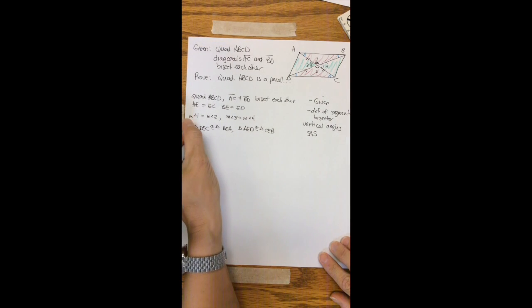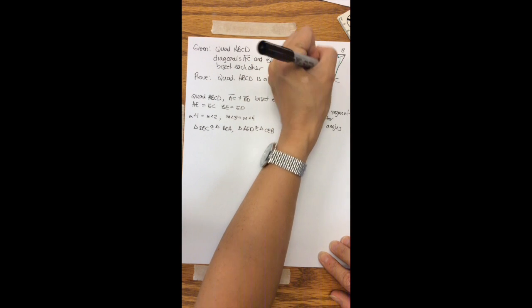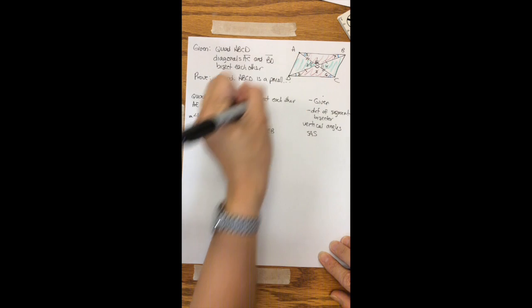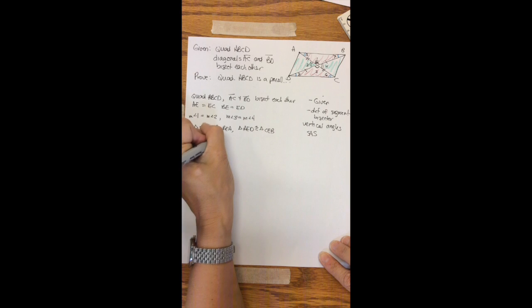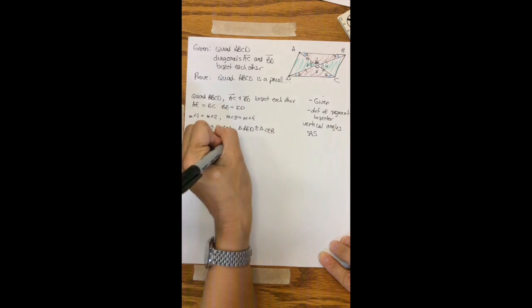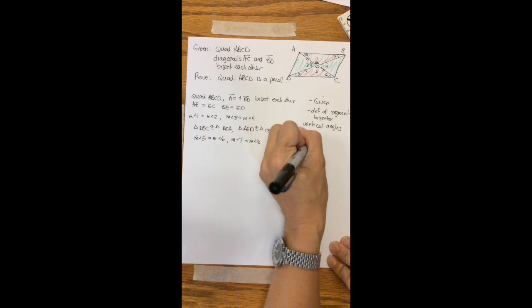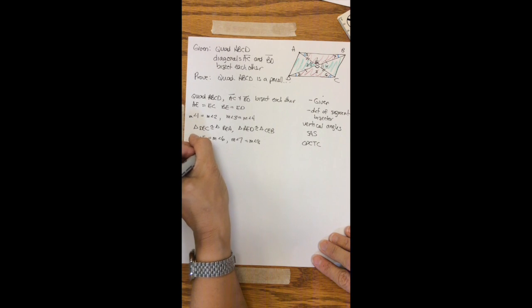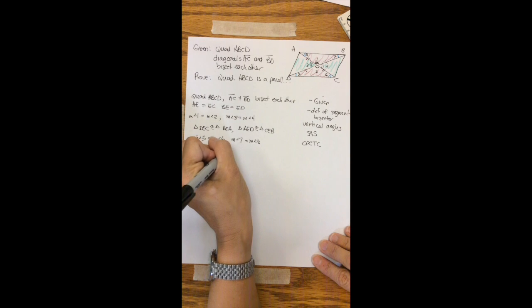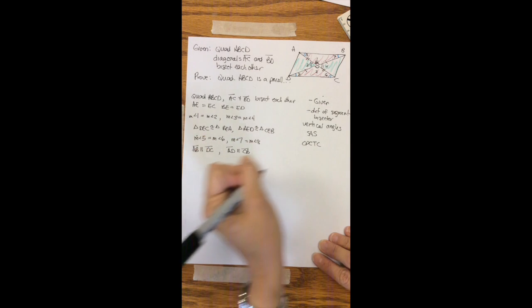And once we say that, we know that the lines are parallel. 1, 2, 3, 4, 5, 6, 7, 8. Getting a little lazy, right? Measure of angle 5 is equal to the measure of angle 6. And the measure of angle 7 is equal to the measure of angle 8 because of CPCTC. Therefore, AB is parallel to DC and AD is parallel to CB.